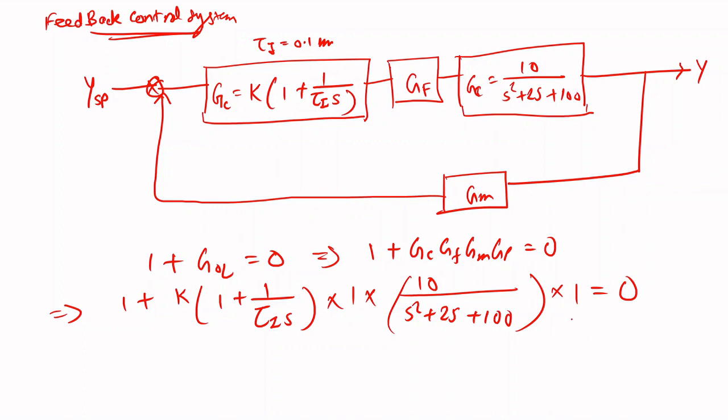Now we need to simplify this equation, and then we will be having a polynomial in terms of S, and then we can use the routh criteria for stability to comment on the stability of the system by comparing the coefficients. So let's put the value of tau I as 0.1 over here and simplify this further.